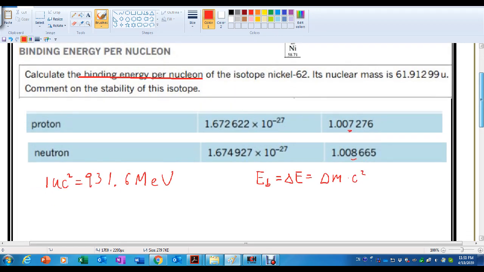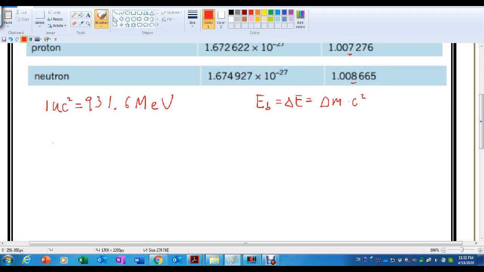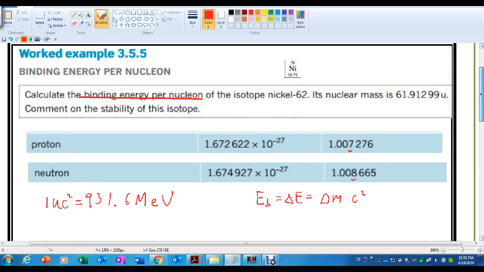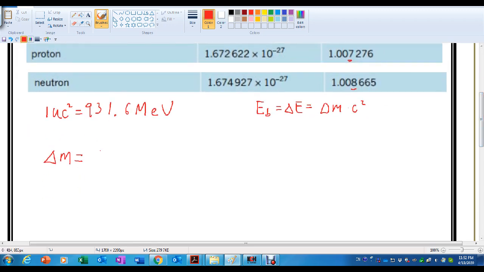So how could we get the binding energy first? For binding energy, you need to find delta M. You need the number of protons, which is 28, that's the Z, times the mass of proton. How many neutrons?